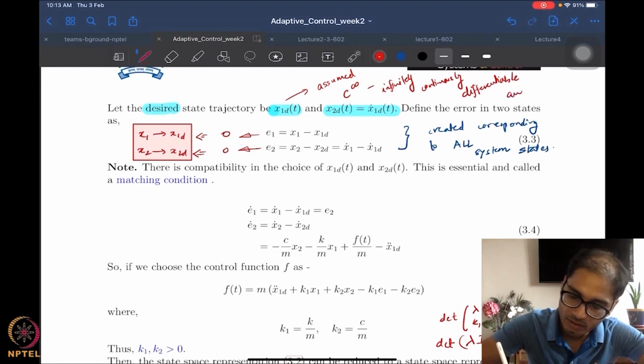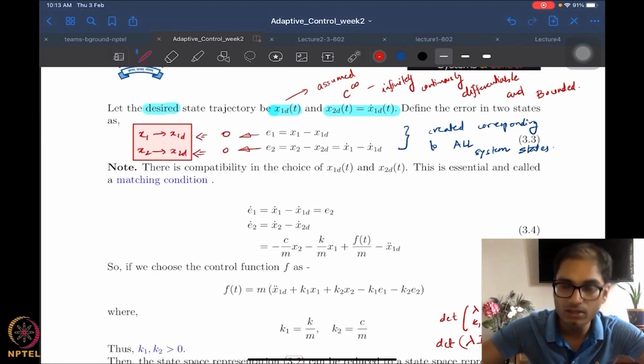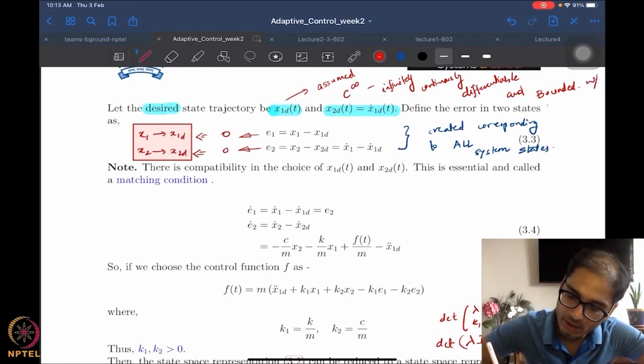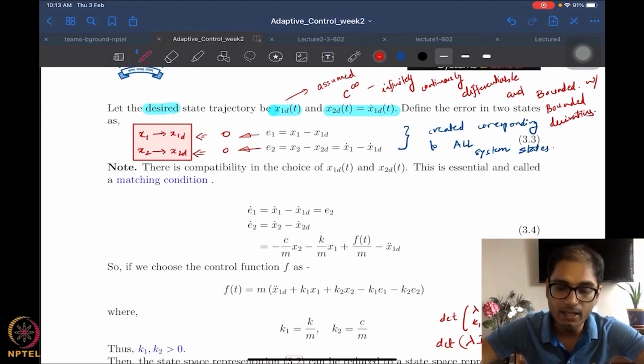And of course, separately from C infinity, these signals are also assumed to be bounded. Okay, bounded with bounded derivatives. Okay, so these are standard assumptions that we make on all desired trajectories that we choose to work with. Okay, otherwise, your system gets driven to infinity and things like that, which is something we want to avoid.